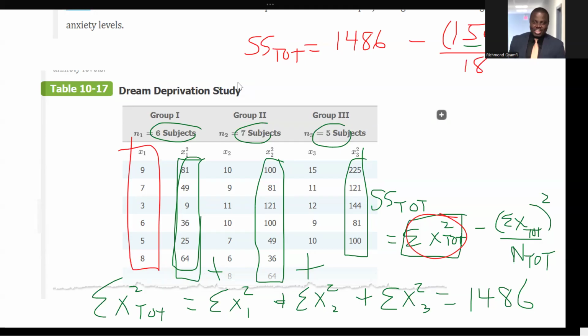So 156 squared divided by 18. 156 squared divided by 18, that gives me 1,352.